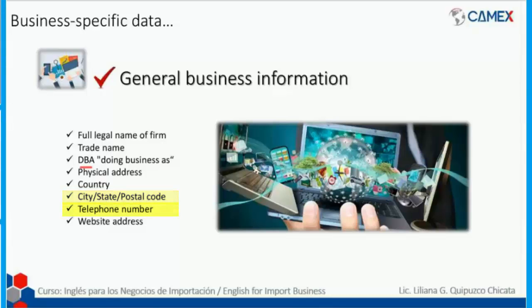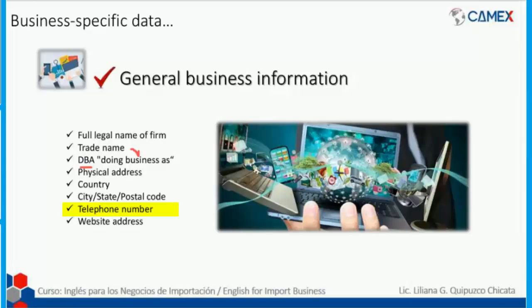Also, a telephone number, but in this case, it is better if we ask for the complete telephone number, with the complete code for the country. For example, for Peru, it is plus 51, that is the code of the country, and then you give your cell phone number.